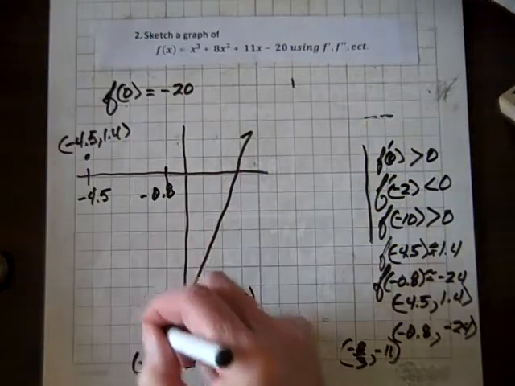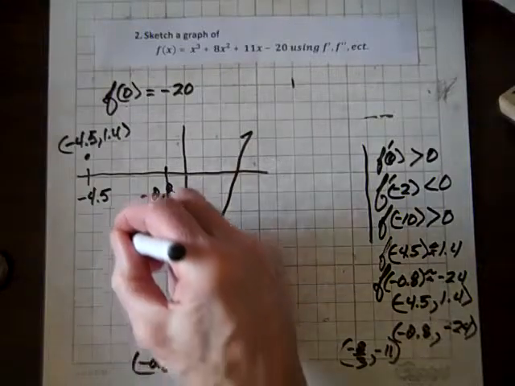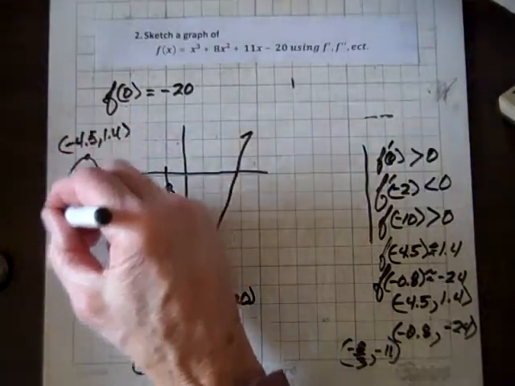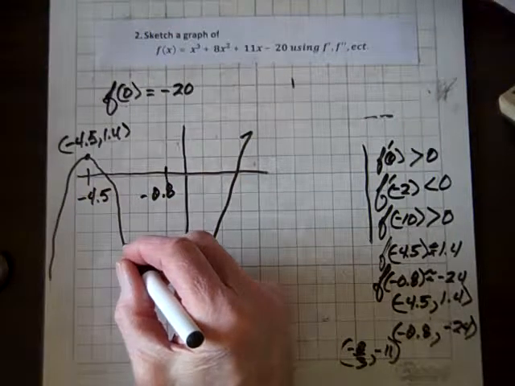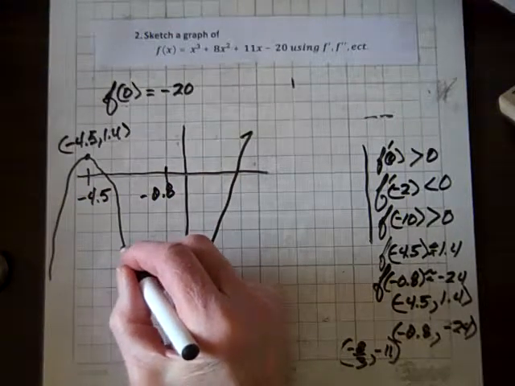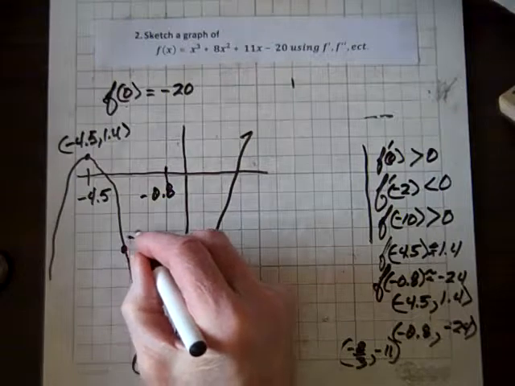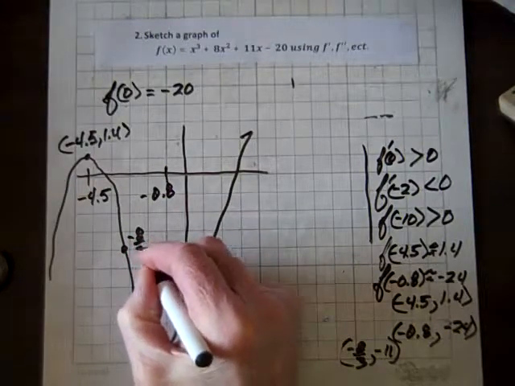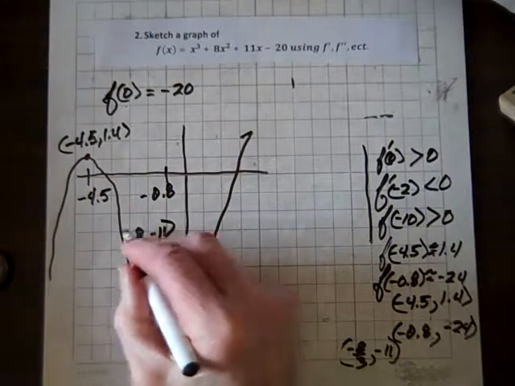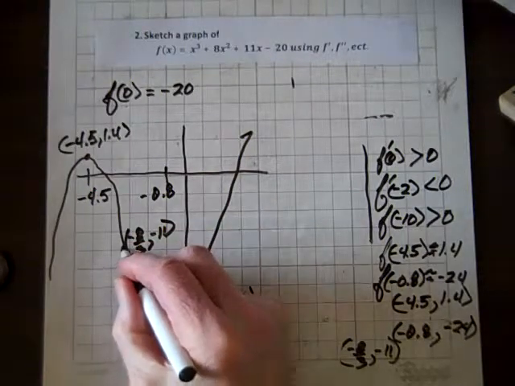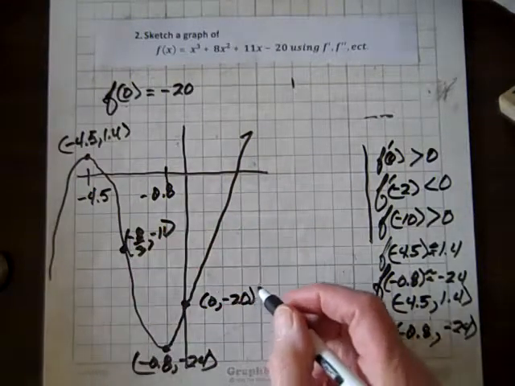And that's what it looks like. And right here at negative 8 over 3, we have an inflection point at the ordered pair (negative 8 over 3, negative 11).